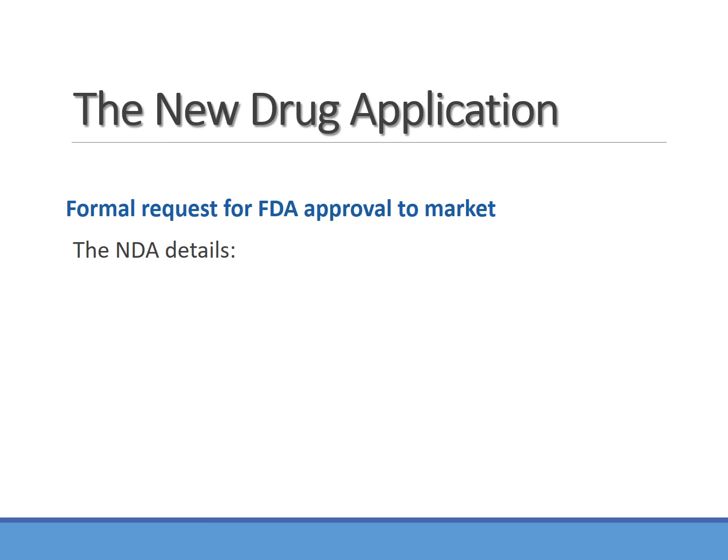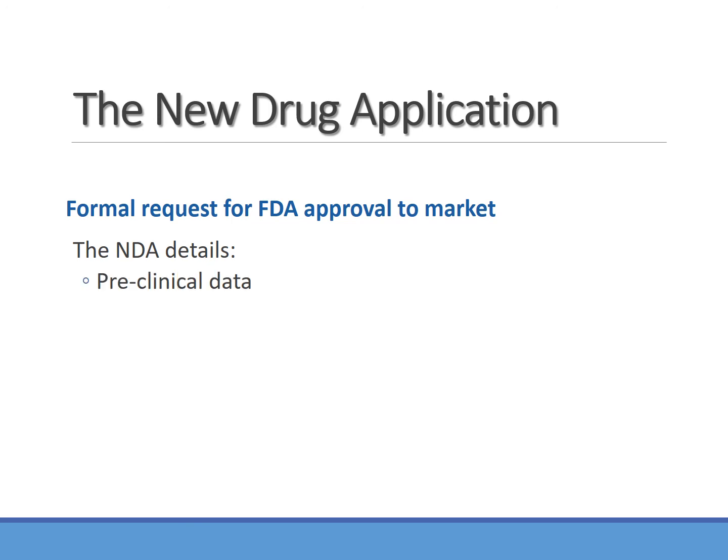The NDA is put together by the sponsor because they own the drug and they've been sponsoring this, they have the resources for it. And the NDA has a lot of stuff in it. The NDA is huge. Back in the day, before we submitted NDAs digitally, when everything was paper, it would be an entire 18-wheeler full of paper going to the FDA.